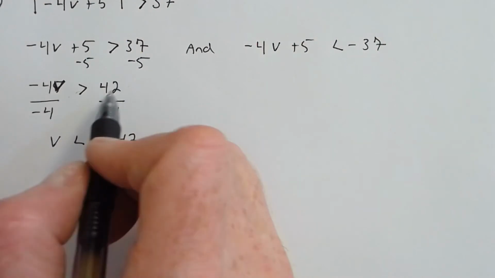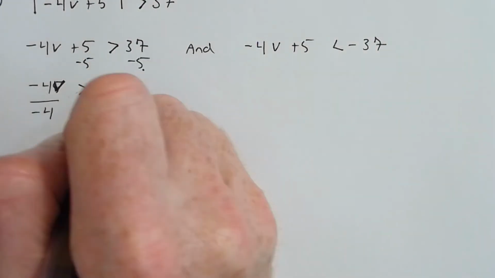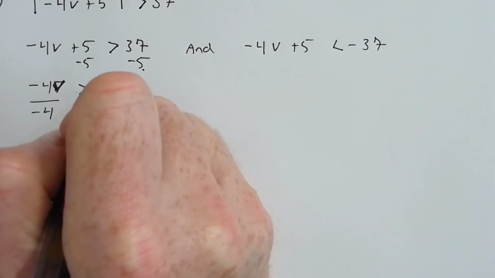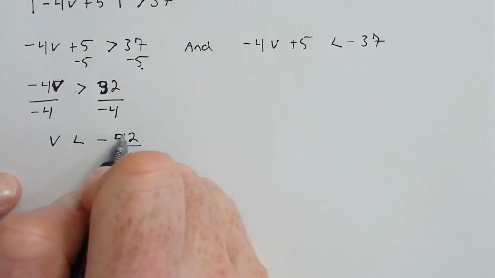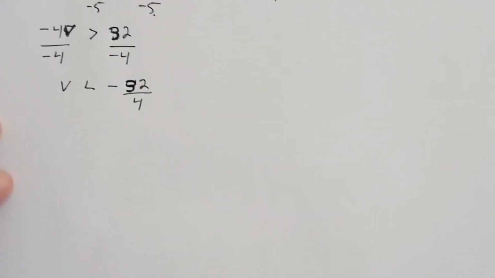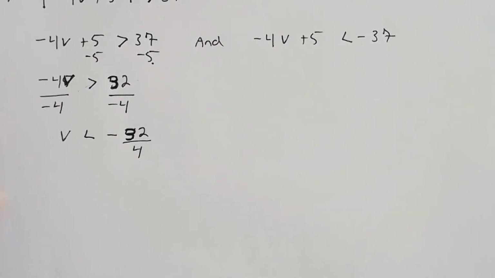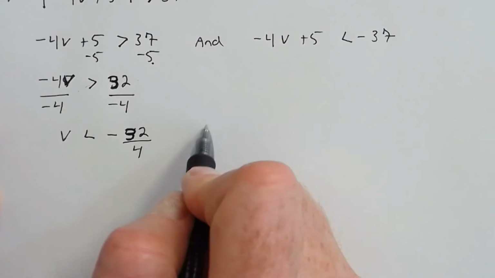Oh, yeah. 37 minus 5 is 32, not 42. Simplify using the greatest common factor.